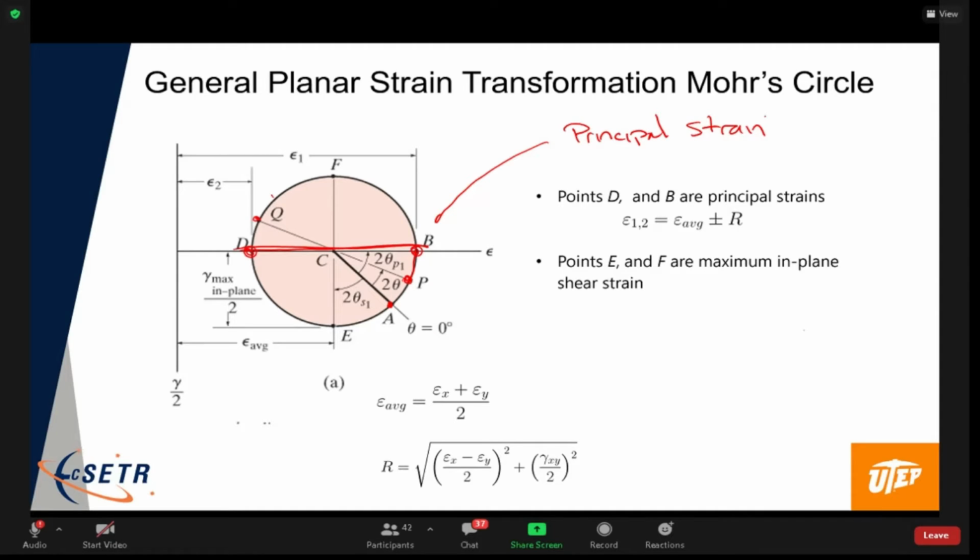As it turns out, for isotropic materials, the principal strain state, of course, corresponds to the principal stress state.